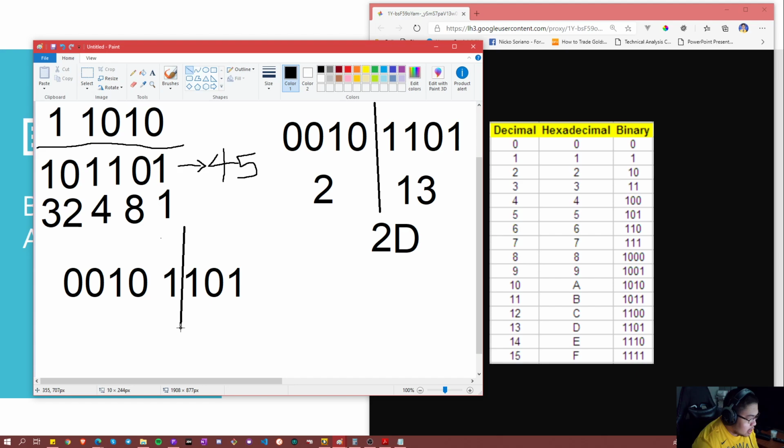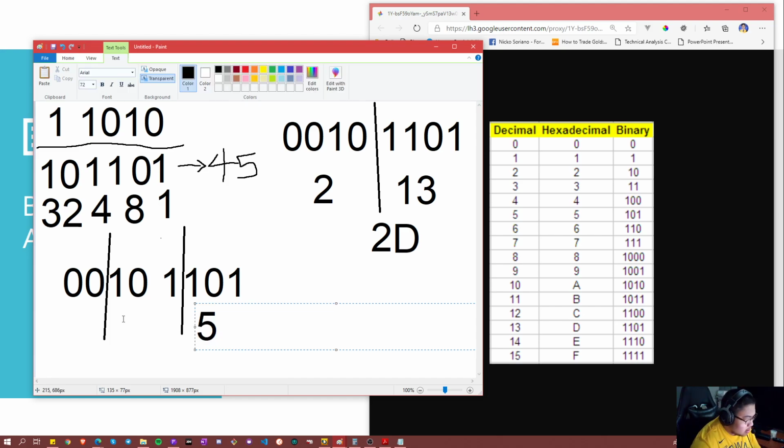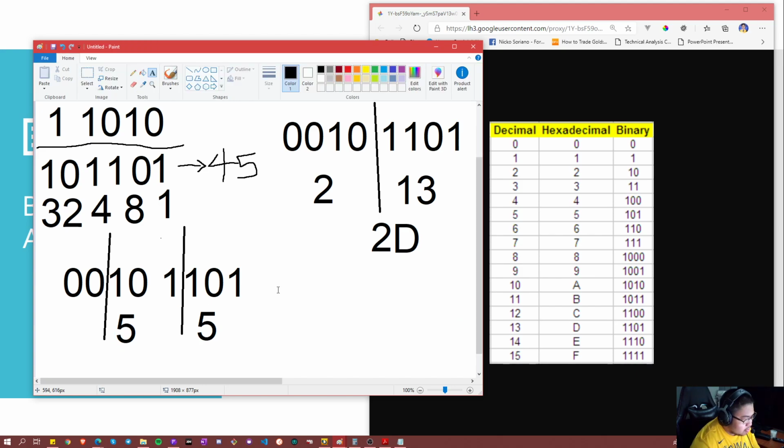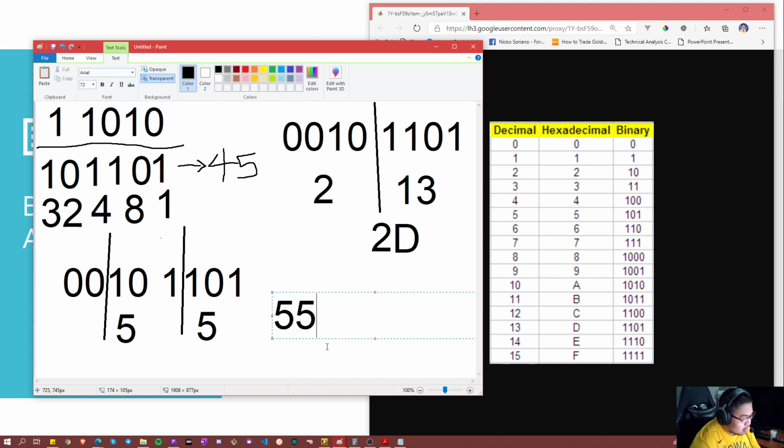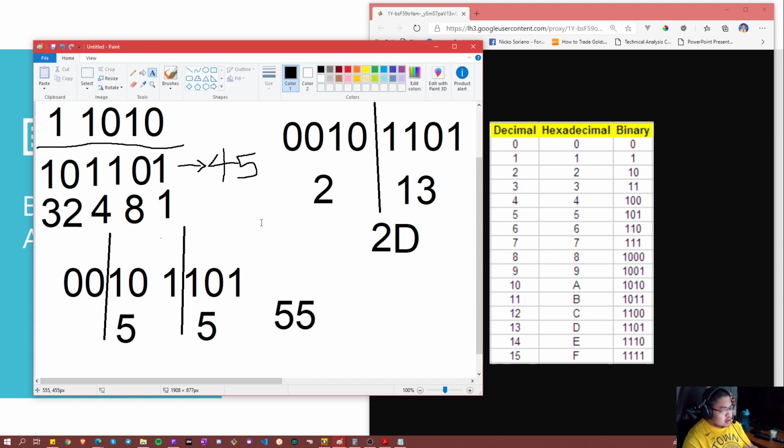Like that and that. So what is this in decimal? This one is 5 and this one is 5. So the octal for this is 55. Okay, so this is it.